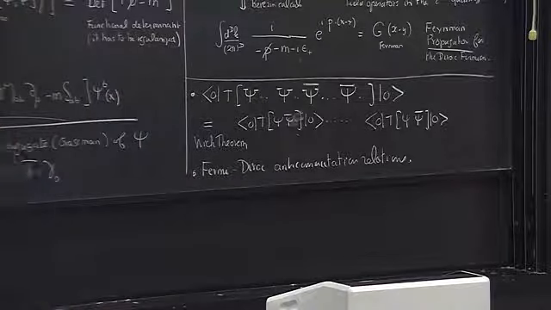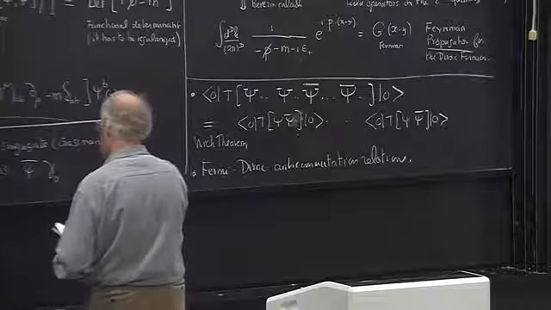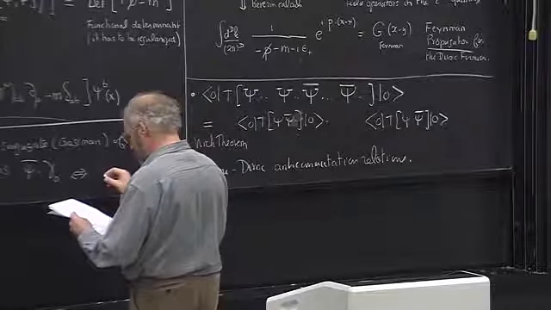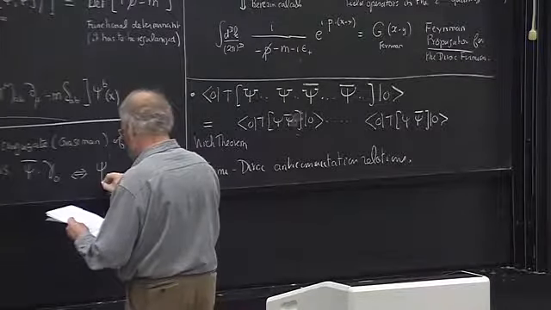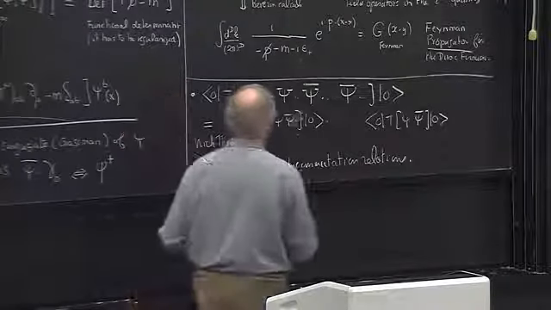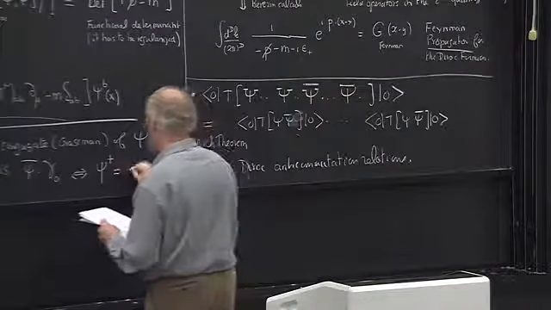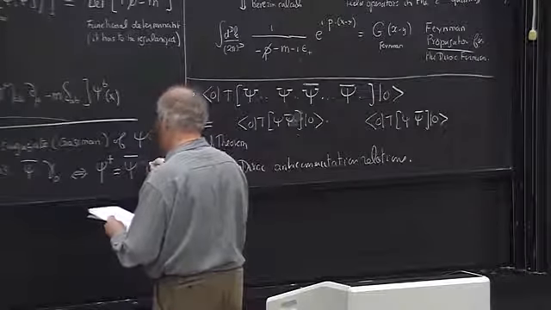That's a bit of a subtlety that will be explained in my note, which corresponds exactly to the relation that in the Dirac theory, the complex conjugate of the field operator psi is not psi bar, but it's the complex conjugate of the field operator psi times gamma naught.